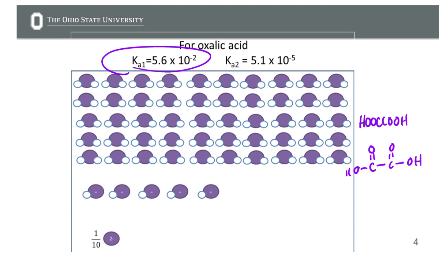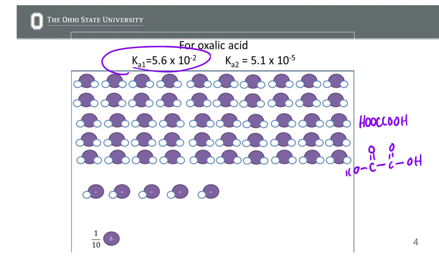We would find about 5 molecules of the first deprotonated form, HA minus, and 1/10 of 1 molecule would be completely dissociated. I know we can't really have 1/10 of a molecule, but with molecules on this scale, 55 different molecules, we wouldn't even get 1 molecule of the second deprotonated form.